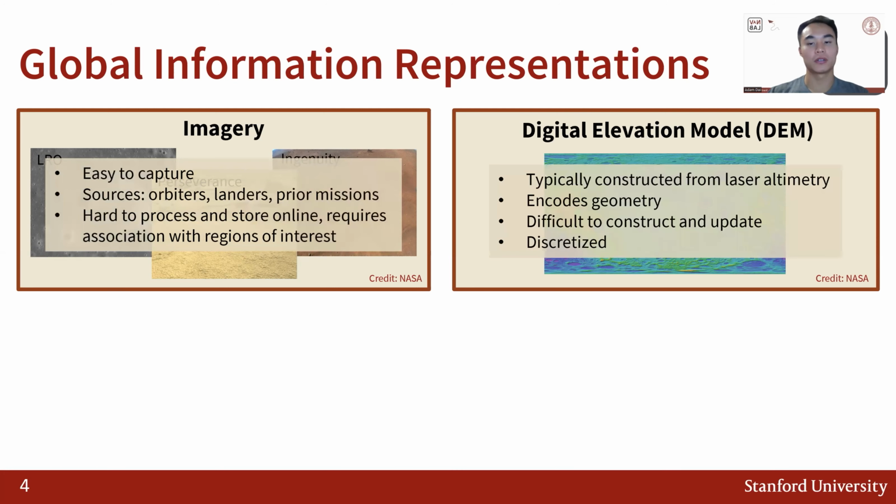On the other hand, digital elevation models are typically constructed from laser altimetry, which is a different sensor modality, and these models encode the geometry of the terrain. So for any given point, it'll indicate the height at which that location is. However, DEMs are difficult to construct and update and are inherently discretized.